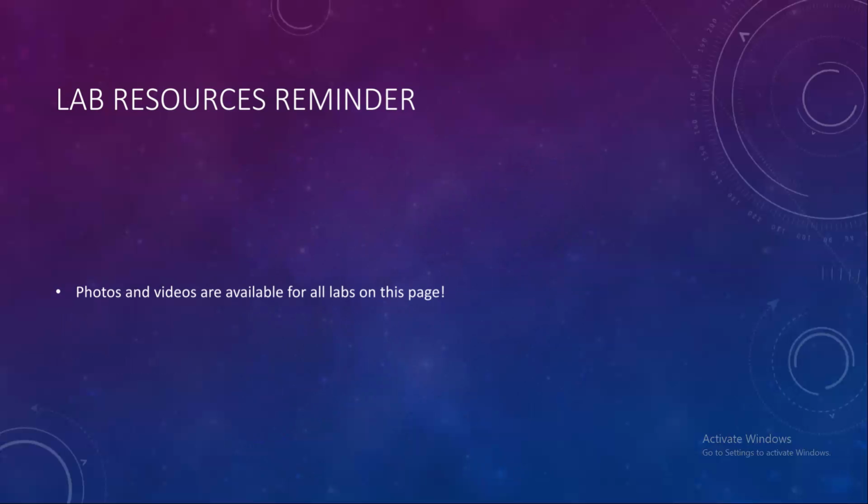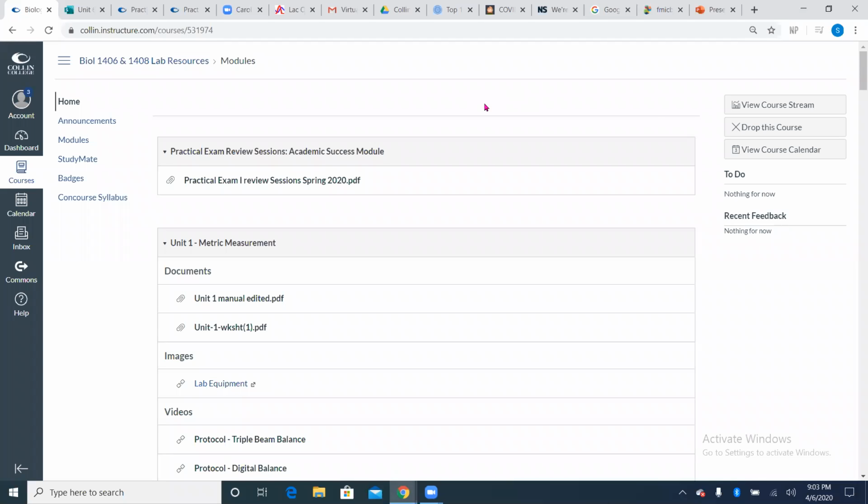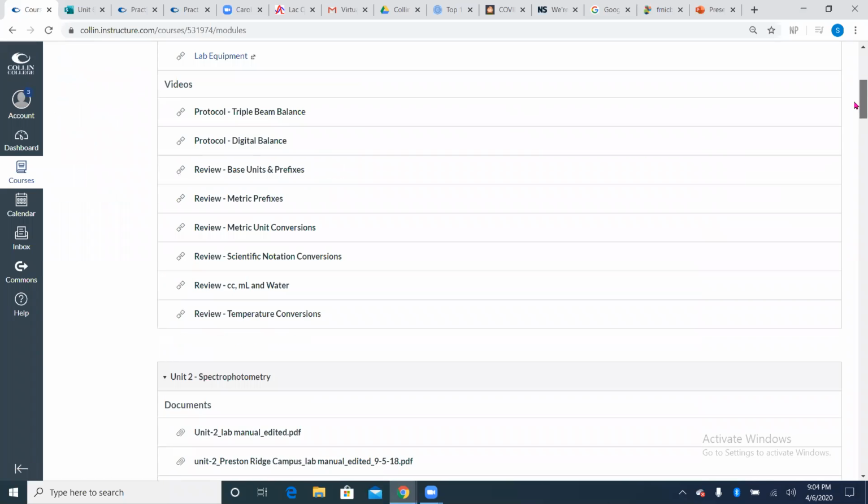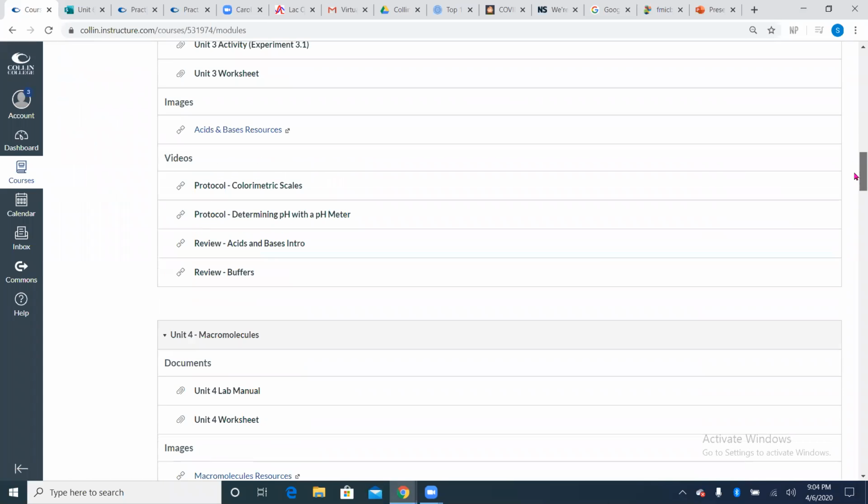Okay, so I am on the Biology 1406-1408 Lab Resources section of Canvas. I showed y'all this at the beginning of the semester. I also posted an announcement to remind y'all that the resource was there. But yet again, here we are, going to modules, and you can scroll down and go through everything.